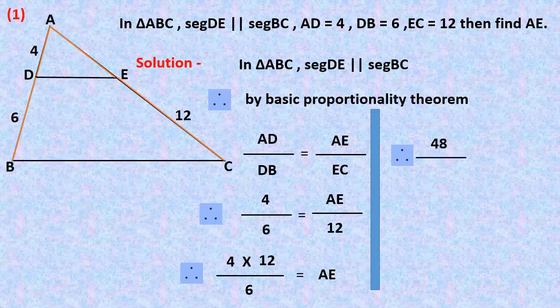Therefore, in the numerator, the multiplication is 48 divided by the denominator 6 is equal to AE. Therefore, the division: 6 eights are 48, so AE is equal to 8. In this way, we can solve this example.